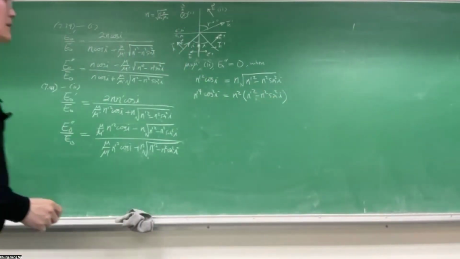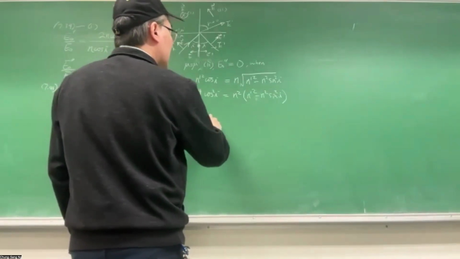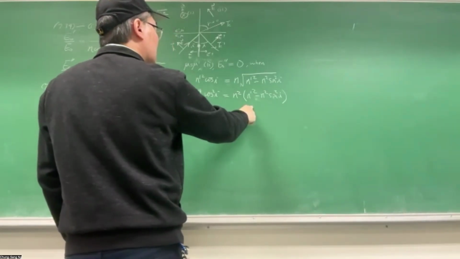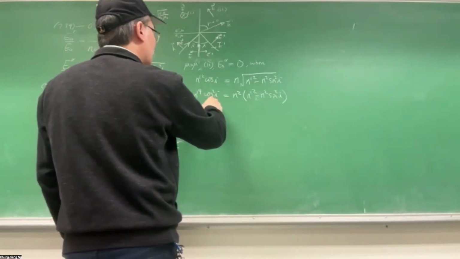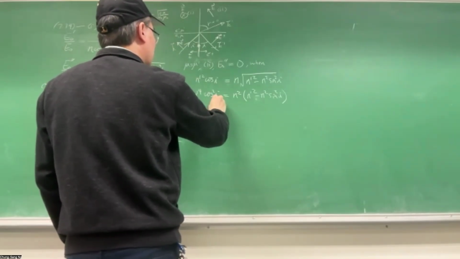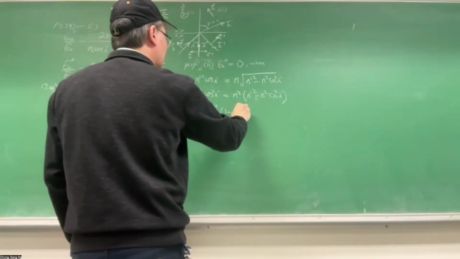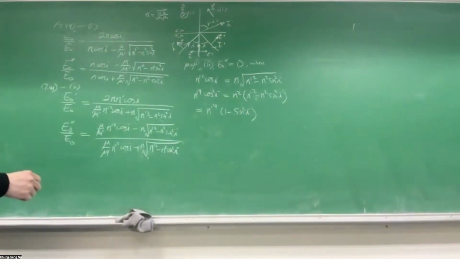Okay, and now the next step would be to change cosine square to 1 minus sine square. Right?